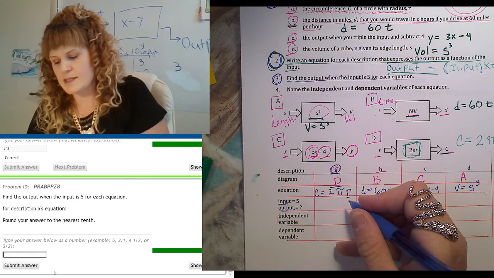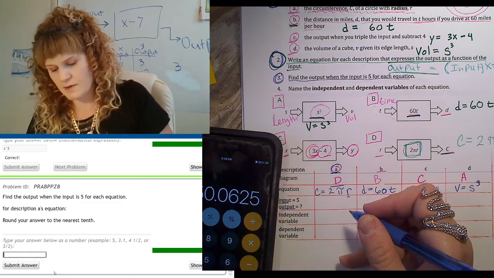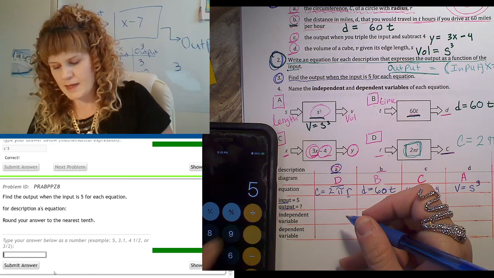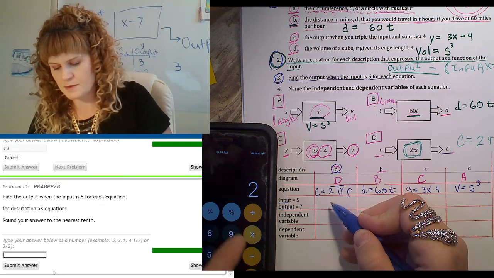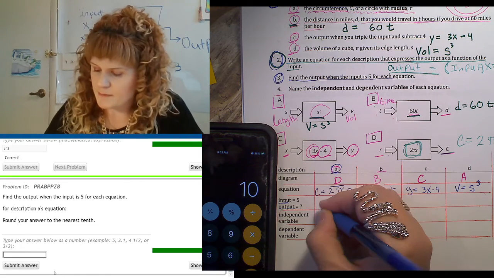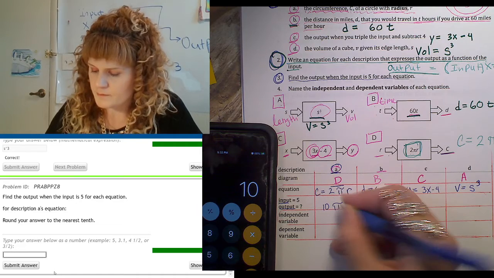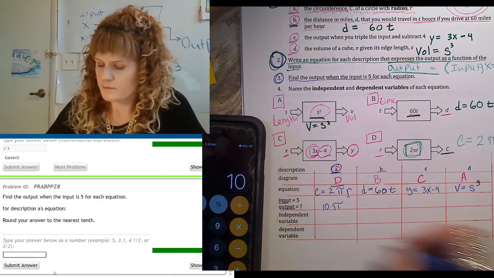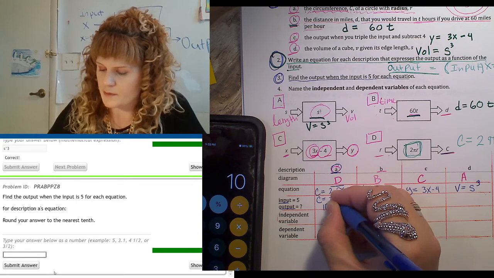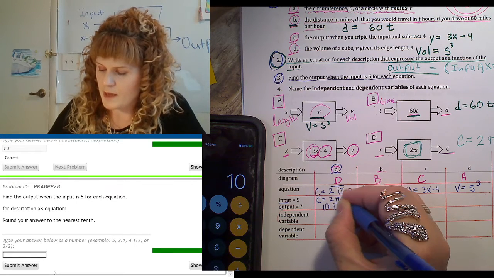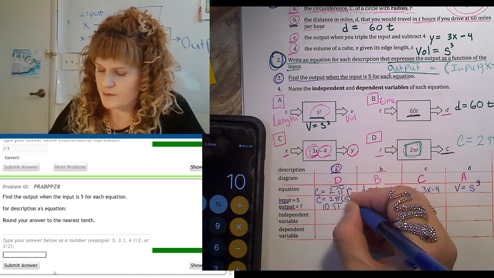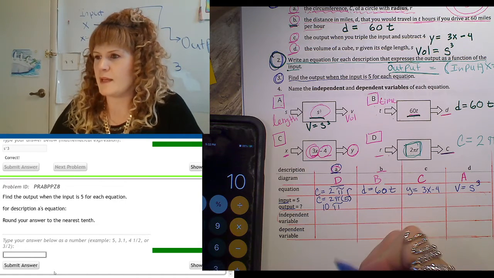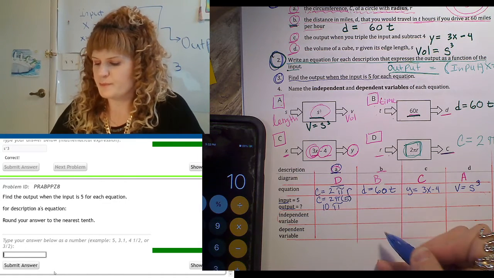When the radius is 5, I'll use a calculator, then 5 times 2, that's 10 pi. I just did 2 times 5. Let me write that down actually. C equals 2 times pi times input is 5. That's how I got 10 pi. 2 times 5.